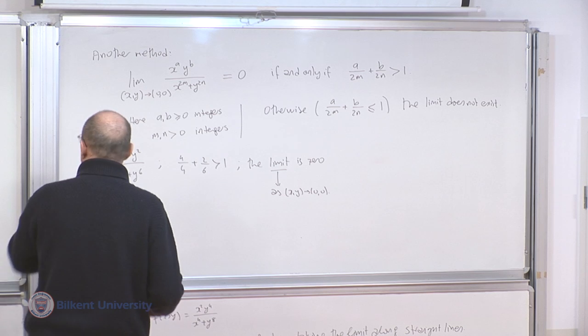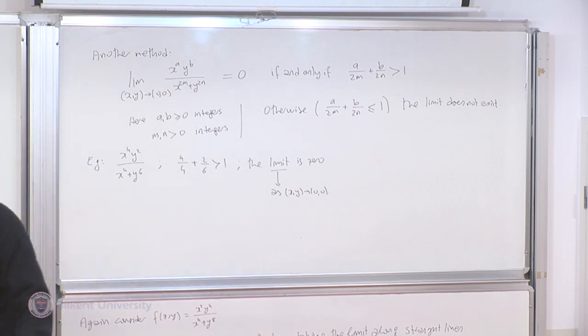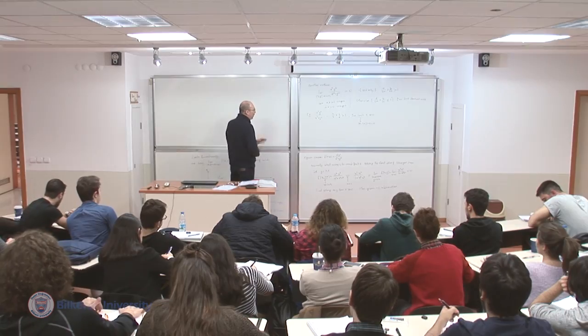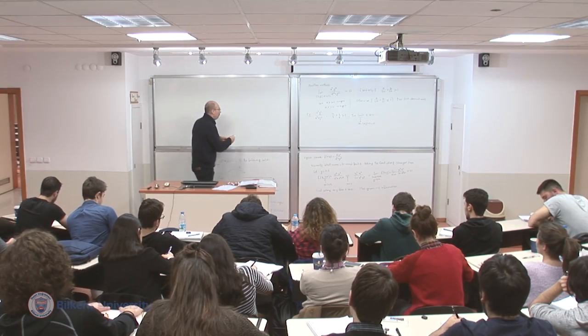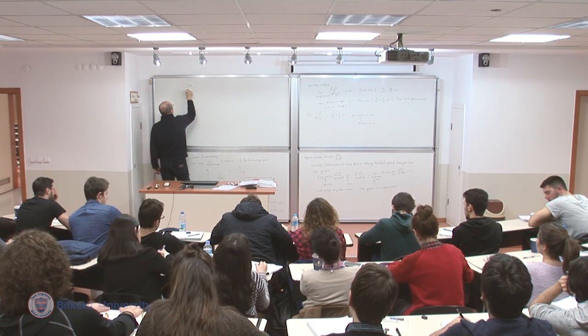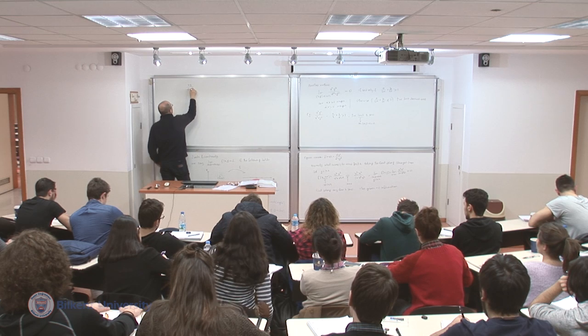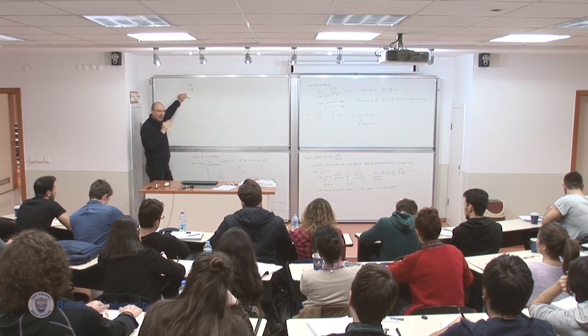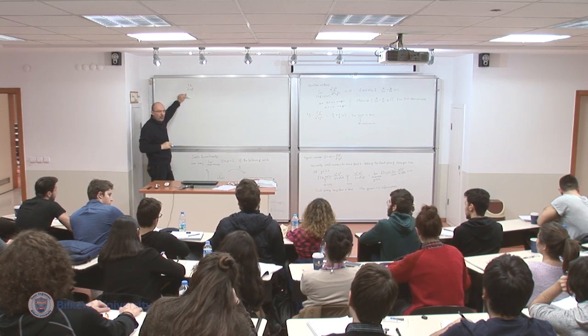This also holds for three-dimensional things. In any dimension it works. So let me also do this one. We had xy over x squared plus y squared. We found that the limit does not exist by the two-path test.